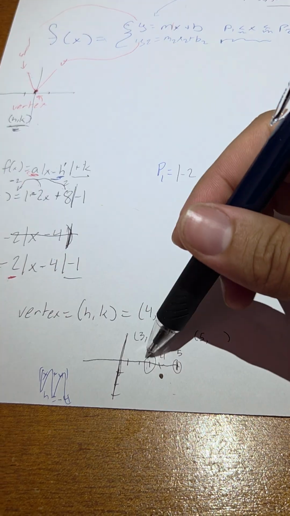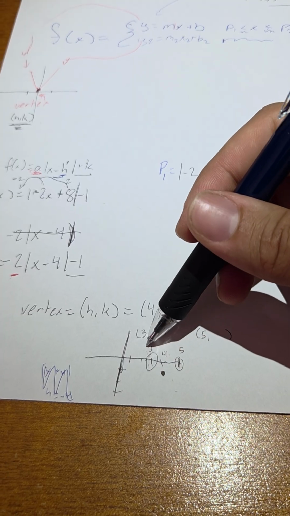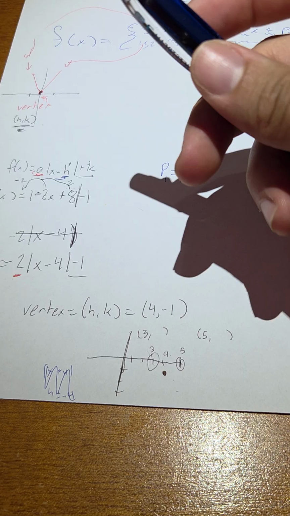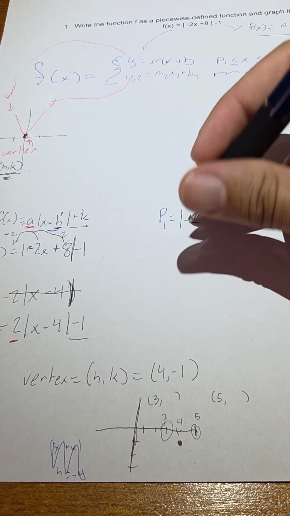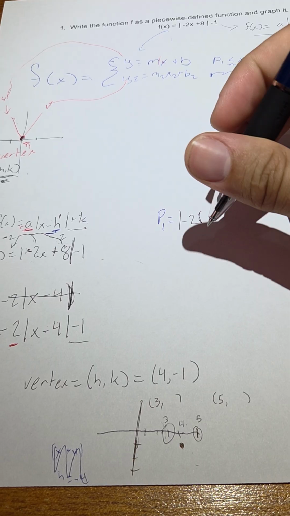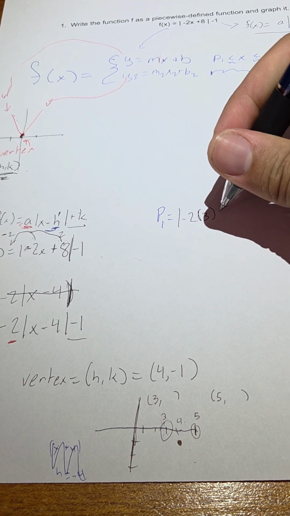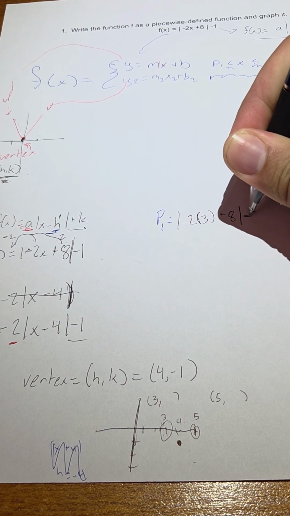We look down here. Our P1 is 3, because the x value to the left of our vertex is 3. So P1 is equal to negative 2 absolute value of 2 times 3, plus 8, close absolute value, minus 1.